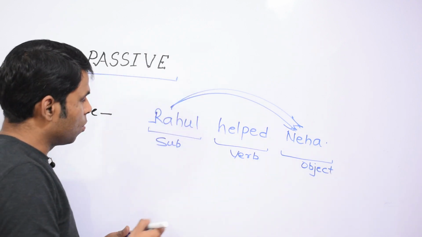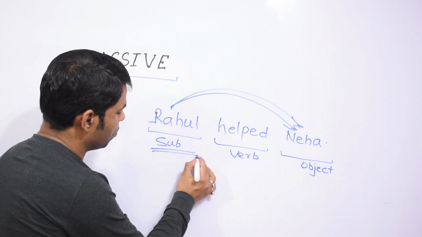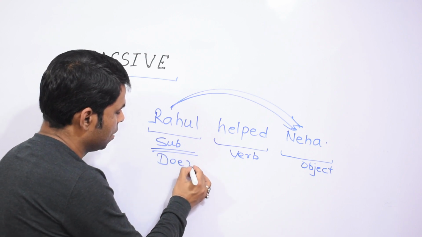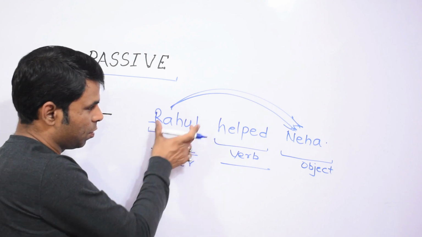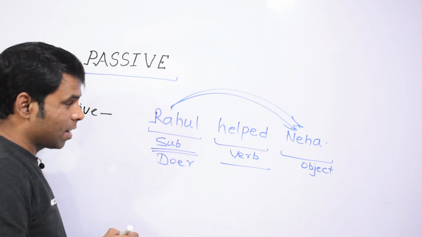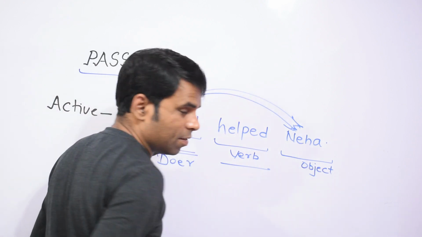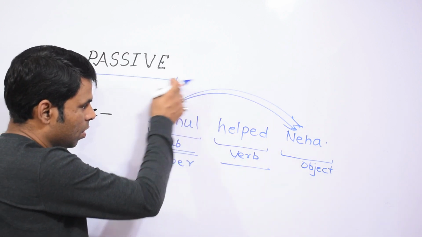So here Rahul is the subject. You can also say the doer, the person who performed the action, so we call this an active sentence. The focus is on the doer.